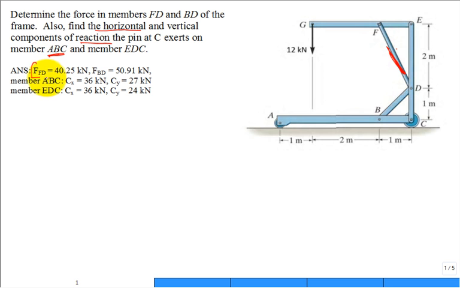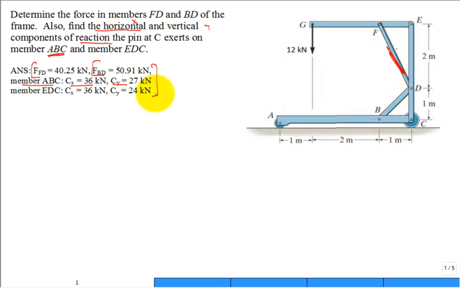The force in that member, the force in that member, and for member ABC, that member's reaction, CX and CY, that's the horizontal, the X, and the vertical, Y, component of the reaction the pin exerts on that member ABC. All right, so these are the 6 answers that we want to solve for.